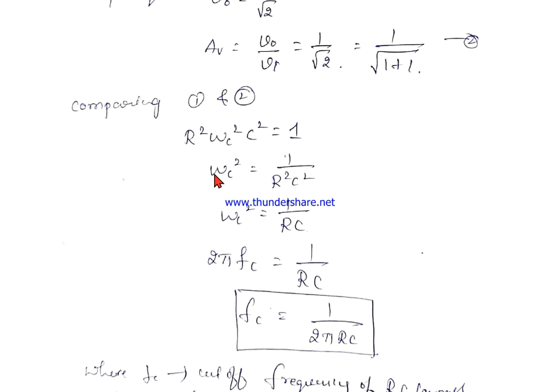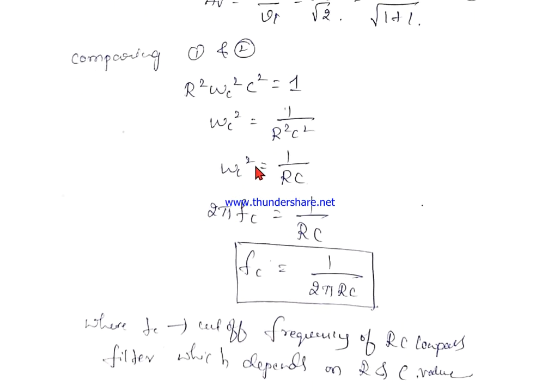Keeping omega c whole square on the left hand side and sending the remaining things to the right hand side, omega c whole square will be equal to 1 over RC. So omega c will be equal to 1 over RC. Omega is equal to 2 pi fc.